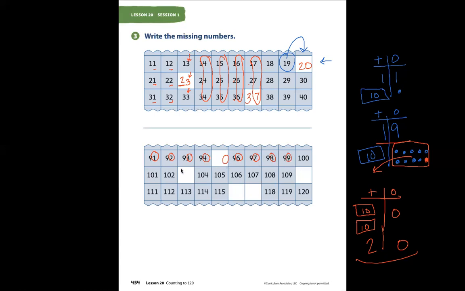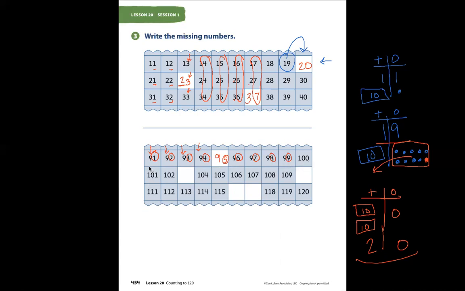So what number goes here? 1, 2, 3, 4, 5. Good. And they all have 9 tens: 9 tens, 2 ones; 9 tens, 3 ones; 9 tens, 4 ones; 9 tens, 5 ones. 95, 96, 97, 98, 99, 100.